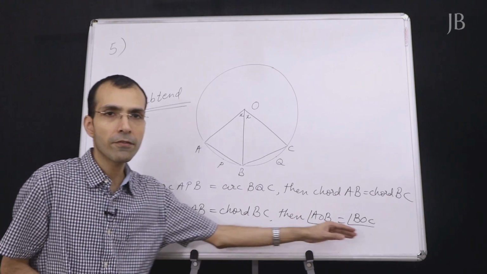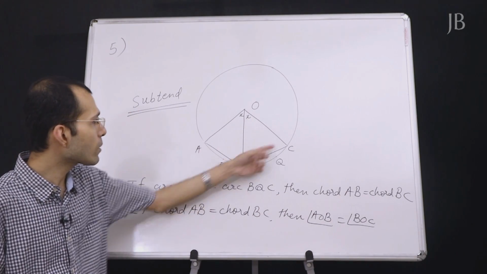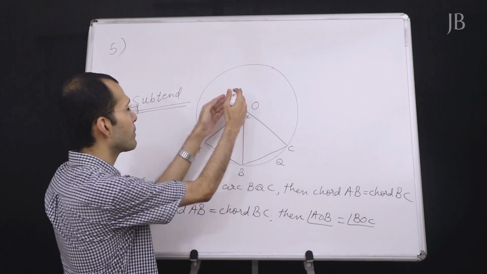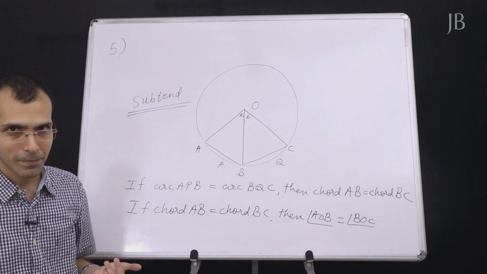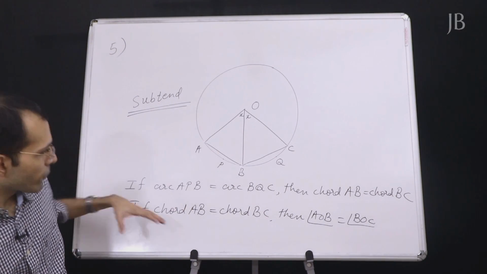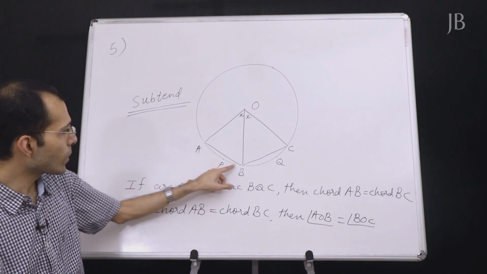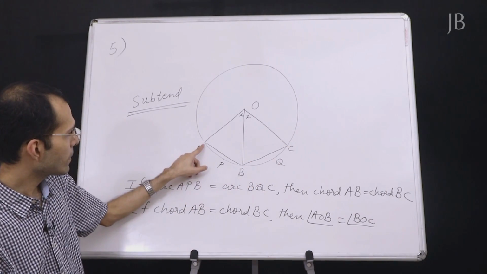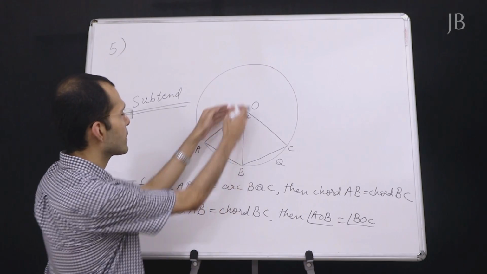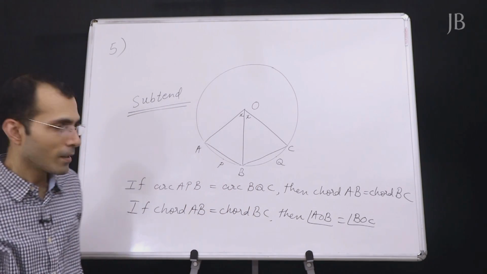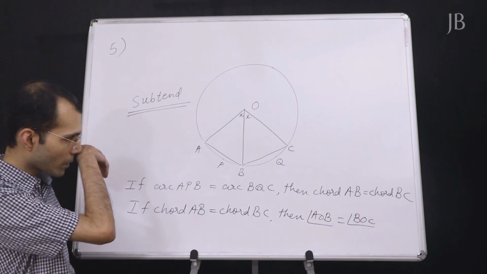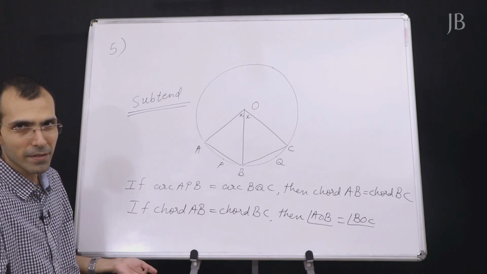For this one, equal chords subtend equal angles at the center. And the last one, which can be fused together, we can also say equal arcs subtend equal angles at the center. Fine. So this takes care of your concept 5 and you can mix and use this.